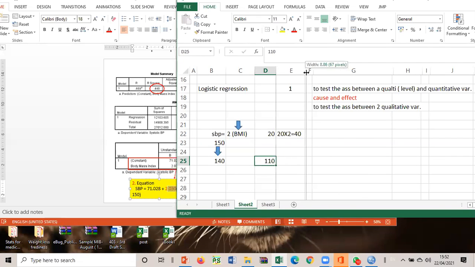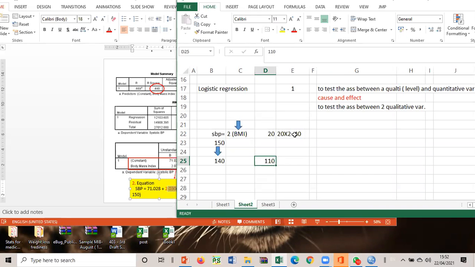It should go down only by 5. You reduce your BMI by 5. How much is BP supposed to reduce? 10 points, right? So 150 minus 10 points will be what do you have?